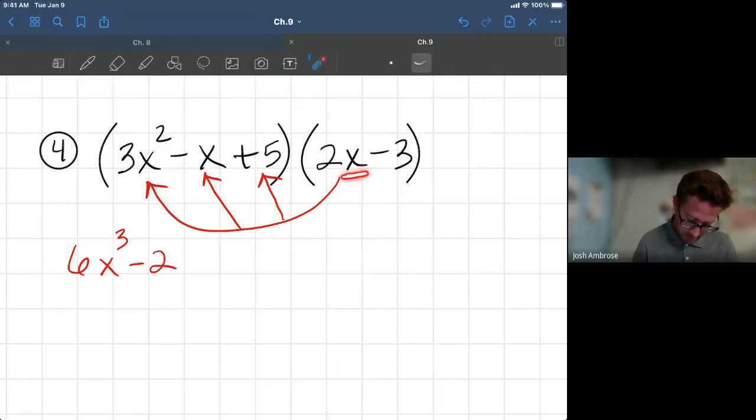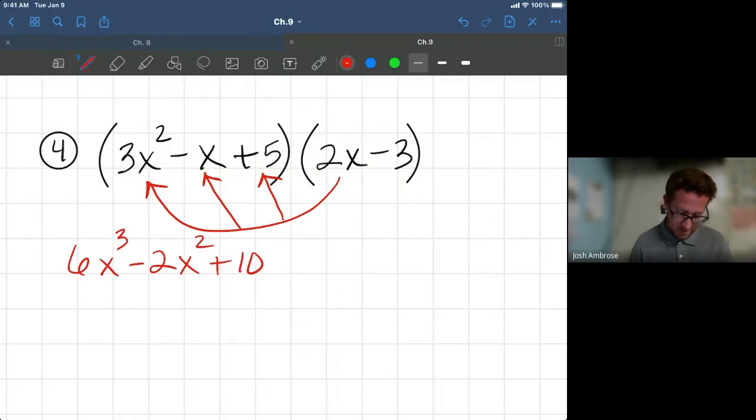Then x multiplied by x gives you x squared. Then 2 multiplied by 5 gives you +10. And then don't forget, the x gets dropped into the answer. That x is that x right there.